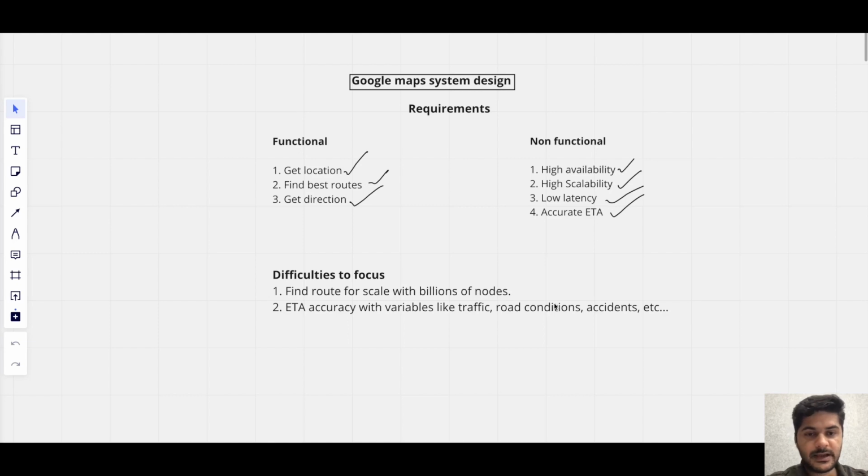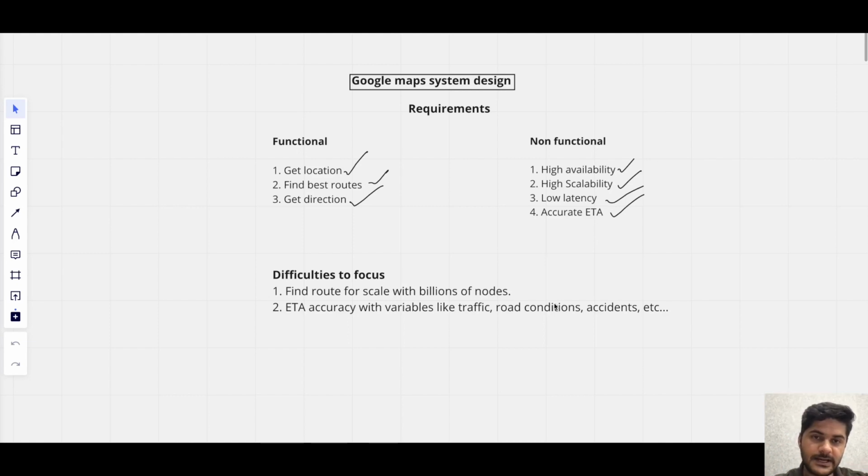But having said that, what is the difficulty we have here? If we are talking about the real world, what we have is the scale, that the points in this graph, where the graph is nothing but the entire world, the entire earth.